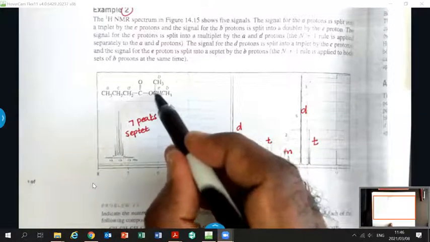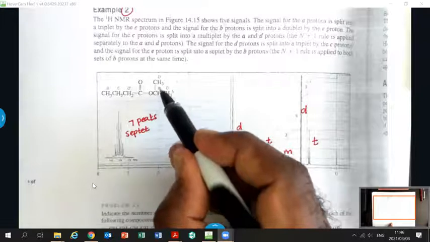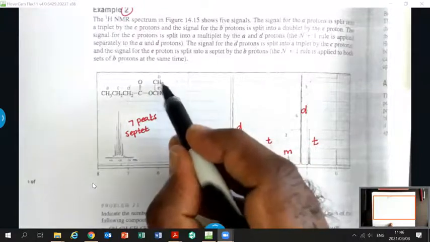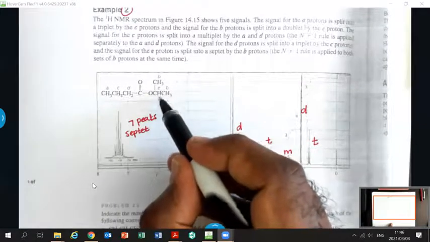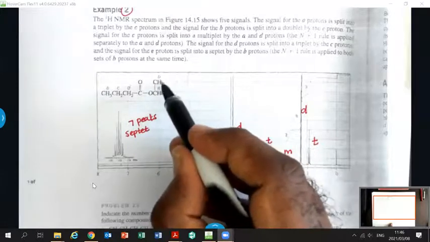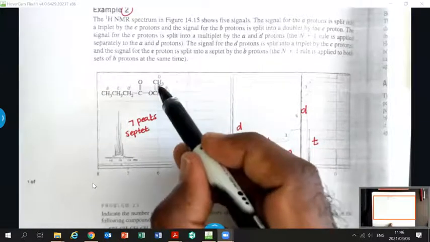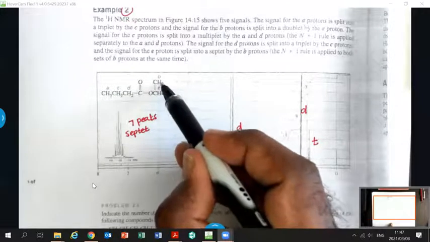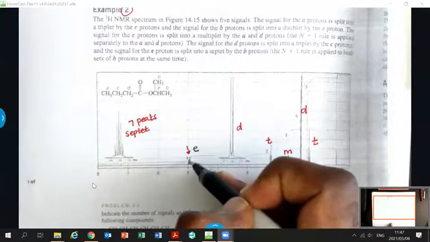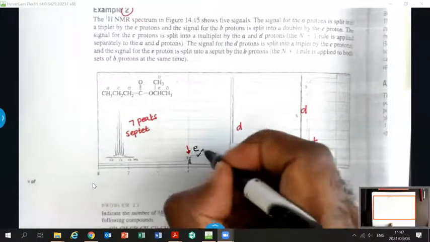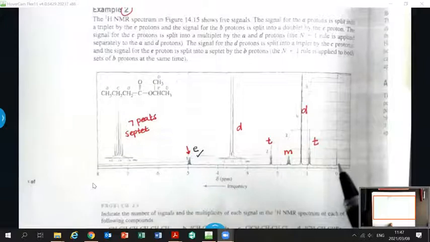And if I look at the environment here, this CH group is next to 2 equivalent CH3 groups, right? You can go home and see whether the CH3 groups are equivalent. You'll find out when you draw your stick structures that this CH3 and this CH3 are equivalent. That's why they called it B and B. And if I apply the n+1 rule, I get 6 plus 1 is 7, and the 7 peaks give me a septet, right? So I can say I'm happy with my E.